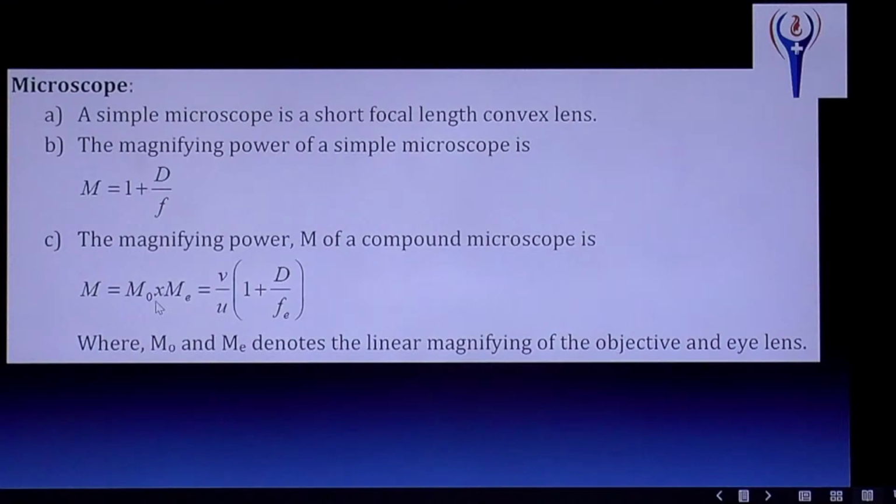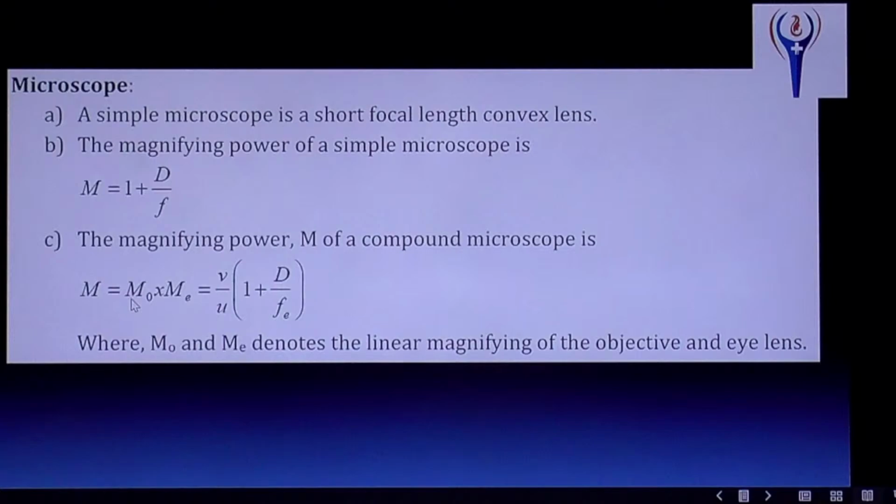The objective lens is nearer to the object, and the one nearer to our eye is called the eyepiece. The two lenses have different magnifying powers based on the difference in focal length. So M equals MO into ME, where MO is V by U and ME is 1 plus D by FE. Here MO and ME are the linear magnifications of the objective and eye lens.